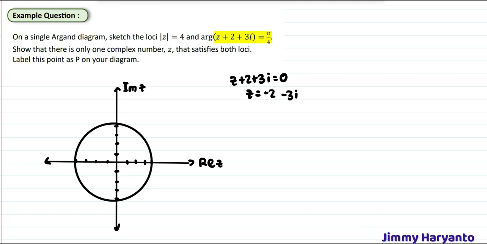That will be our starting point. Negative 2 and negative 3i is right here. And then alpha is pi over 4. Pi over 4 means 45 degrees measured from the horizontal line from the starting point.